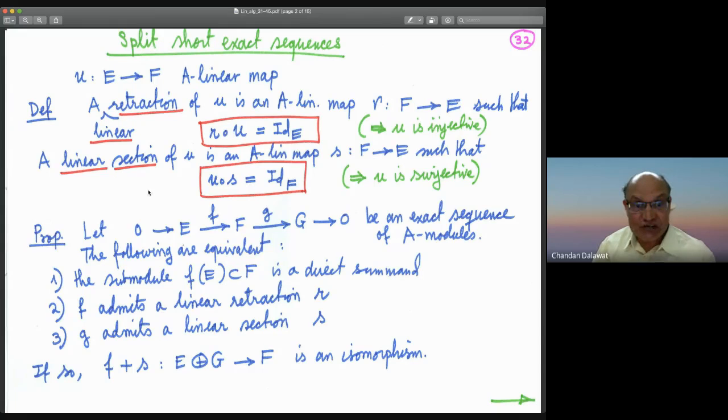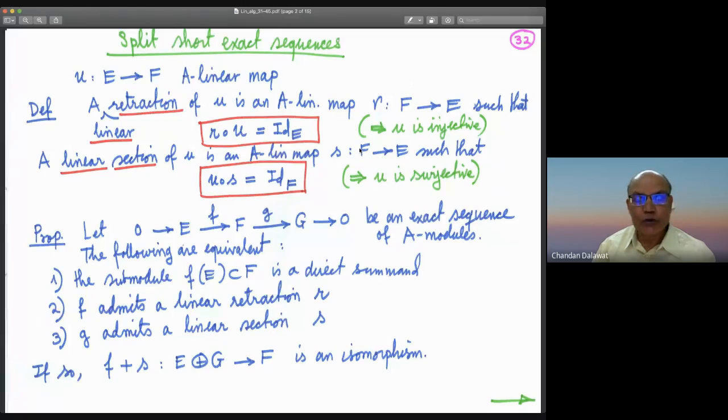A linear section is also a map s from G to F, A-linear, but here I have to apply first this map s and then the map u, and if I get the identity map then I call it a linear section, right? So sometimes this r is called a left inverse of u and s can be called a right inverse of u.